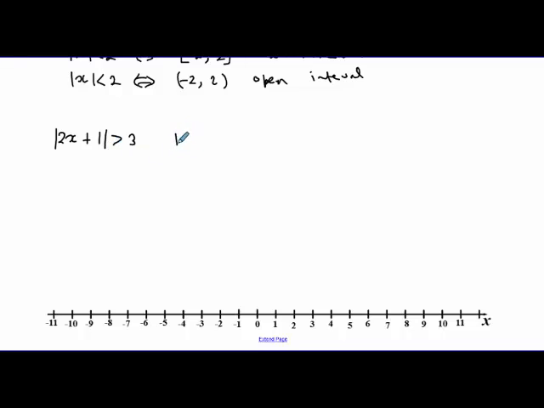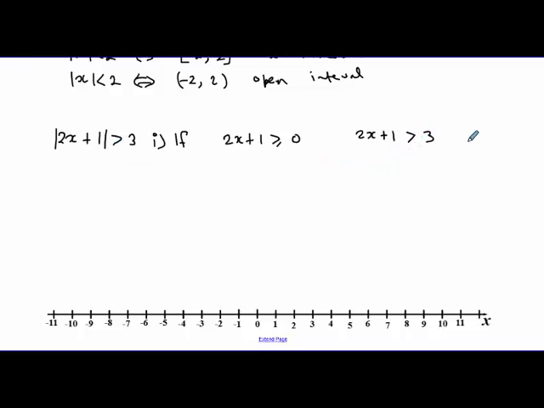We would say now, that's case number 1, if 2x plus 1 is greater or equal to 0, that would mean that 2x plus 1 is greater than 3. That's what that means then.